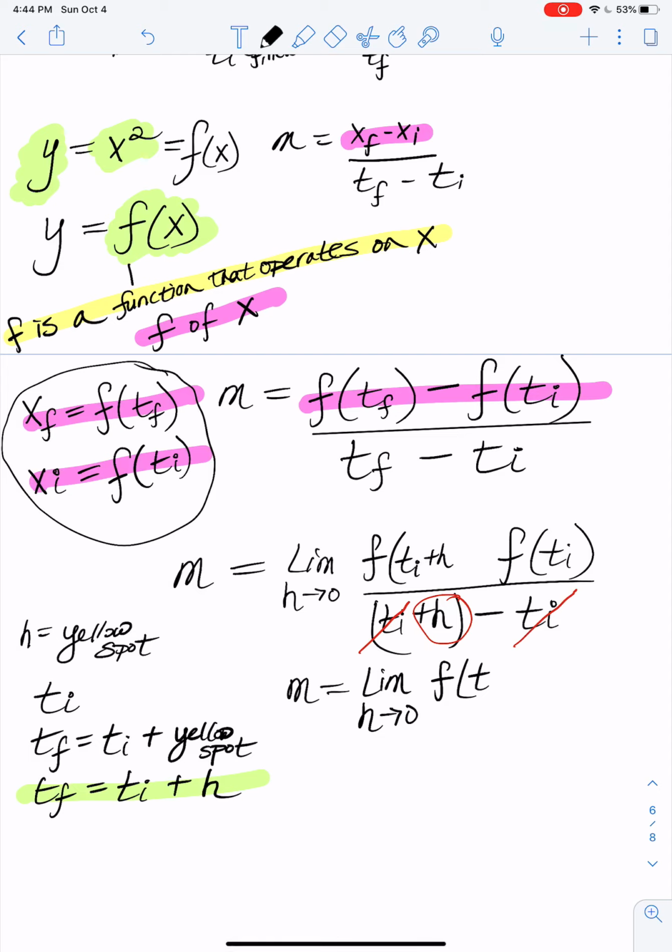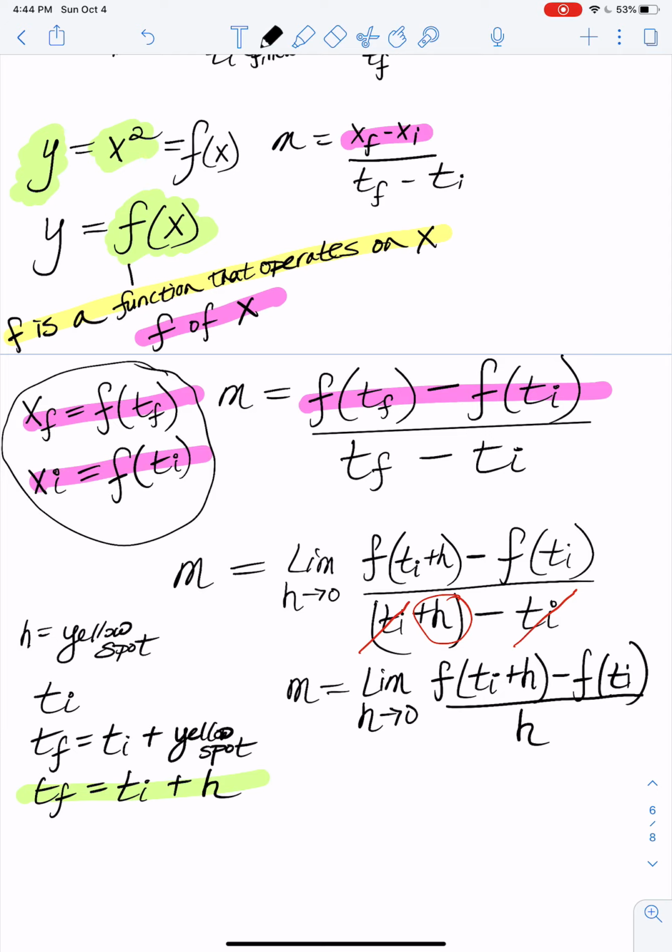That's our tf new. So I'm going to rewrite that as the function operating on ti plus h, minus the function operating on ti, over h.